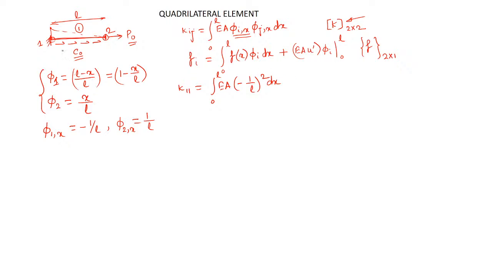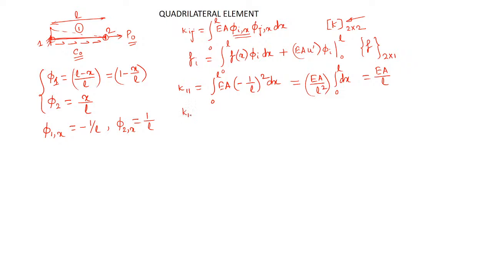Now if I assume the bar to be uniform, in that case EA becomes constant. Alright, so then I write this as EA by L square. Alright, and what is integration dx? Obviously this is L, so this gives us EA by L. Fine.